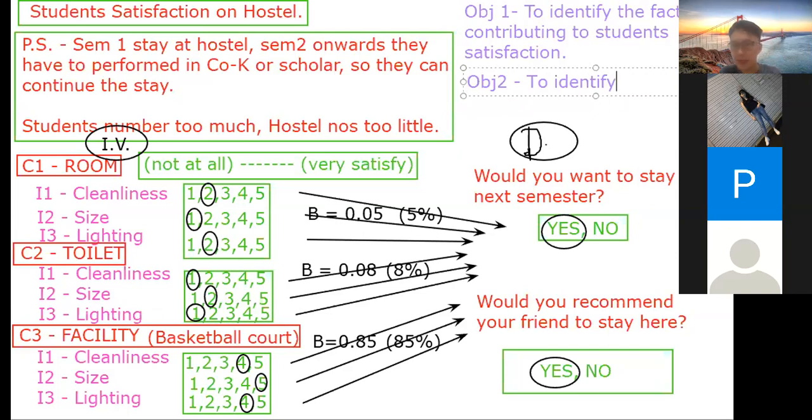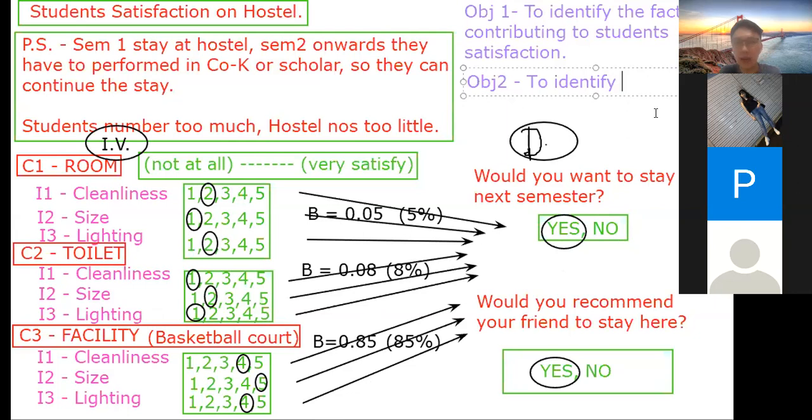To identify, my objective two, to identify factors that contribute to decisions. Because I want to see which factors make the student say yes. Correct.